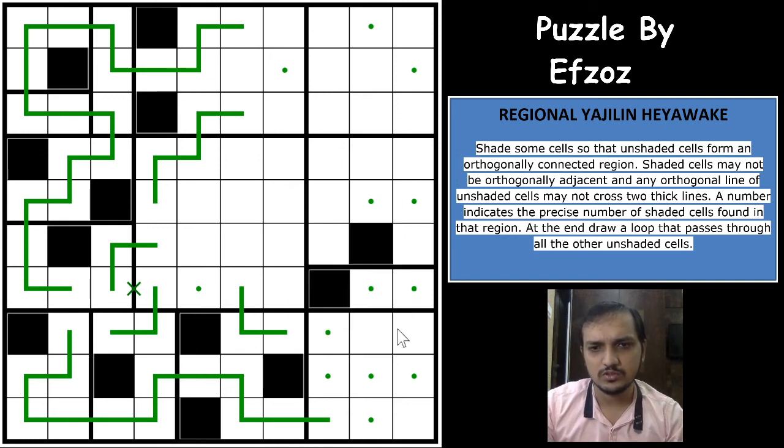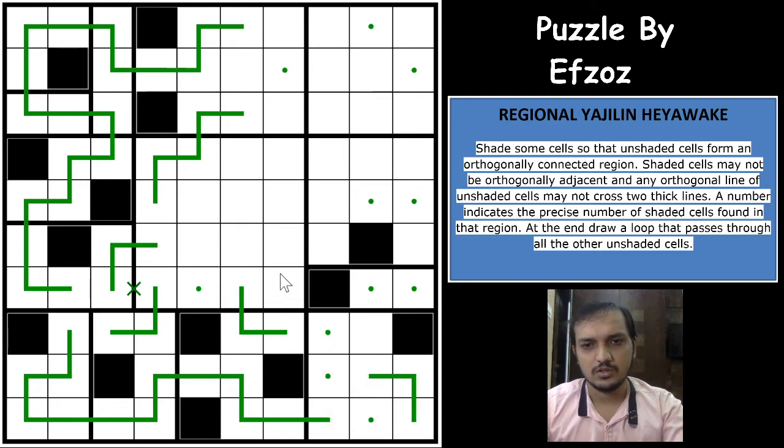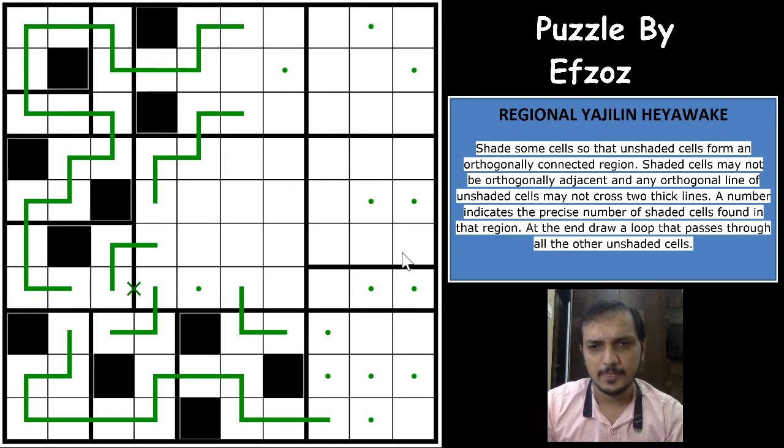So this way is also possible, I think, right? We are missing some logic here maybe. Okay, so if you have it this way, both of these cells, superb. So if you have it this way, both of these cells would have to be unshaded.